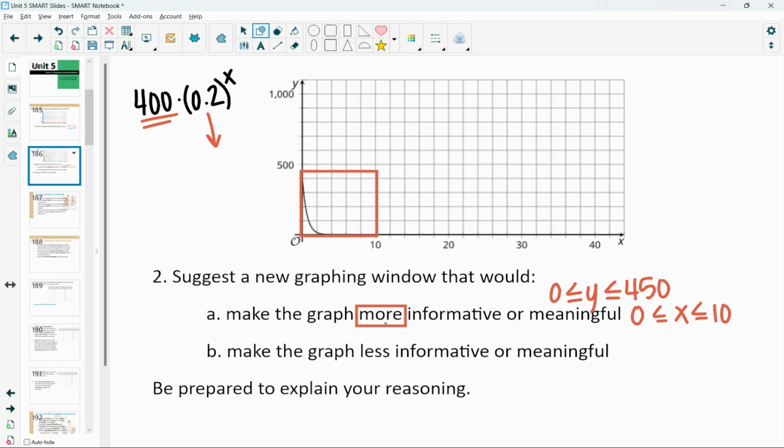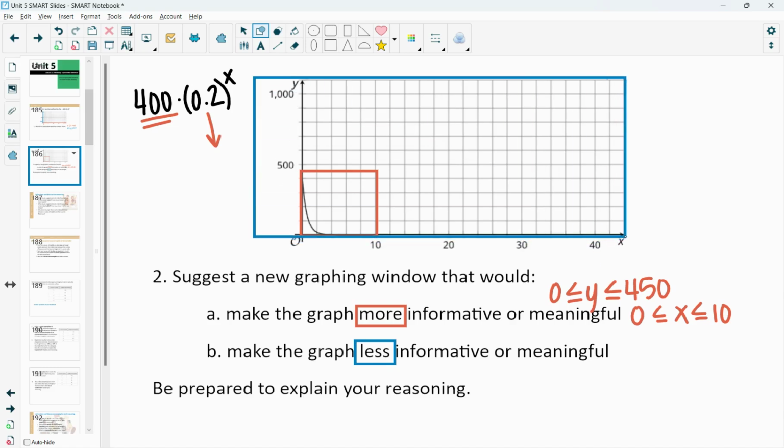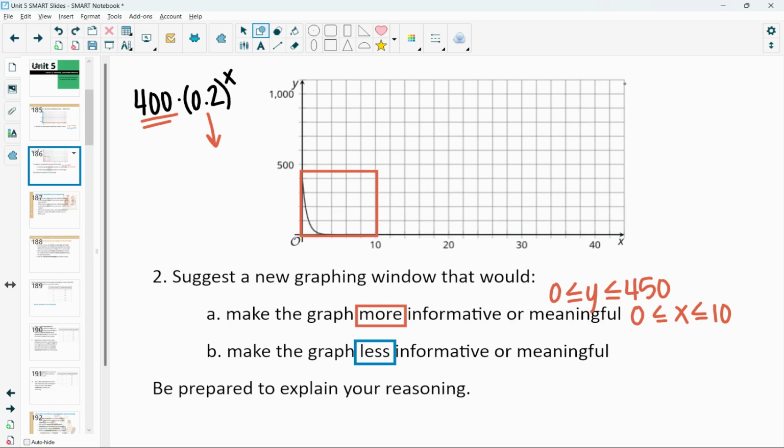All right, then if we wanted to make it less informative or meaningful, now exponential functions, like the initial value starts at x equals 0. So adding in negative x values and extending to the left isn't going to matter.